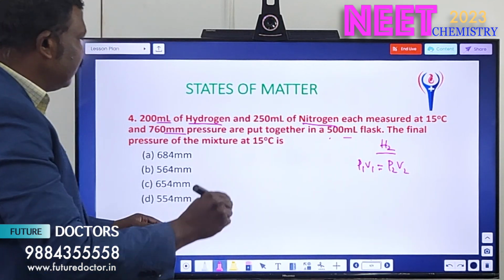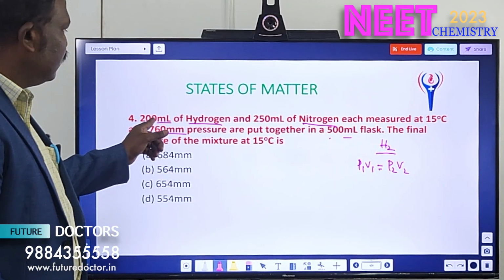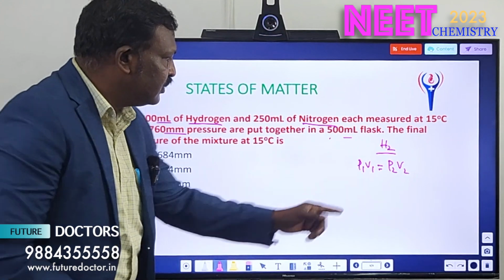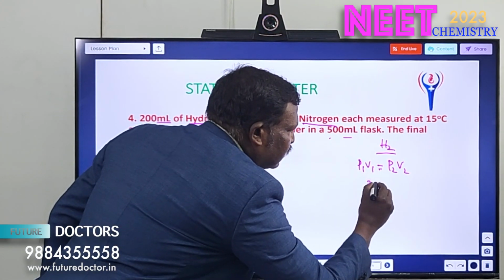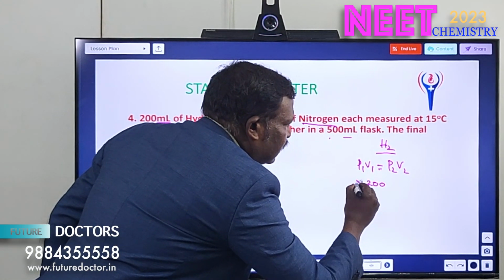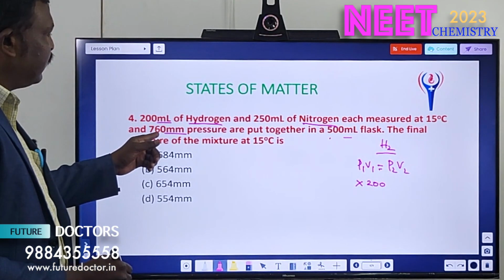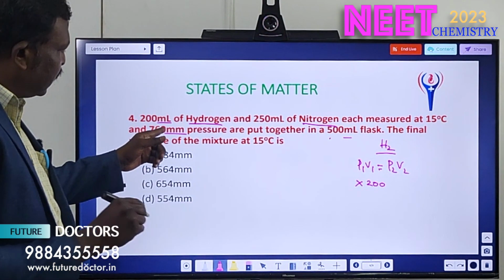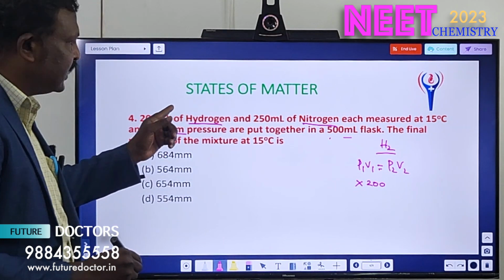Understood? For hydrogen we are going to find out. See, for hydrogen, volume is 200 ml. Its pressure is common for both; the 760 pressure is common for both nitrogen as well as hydrogen.